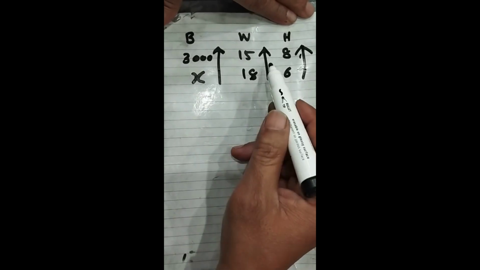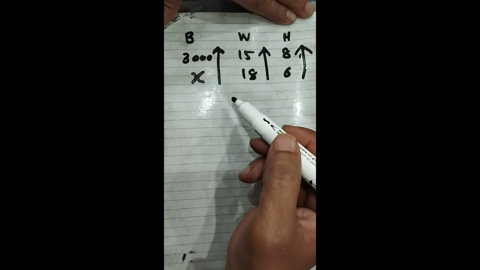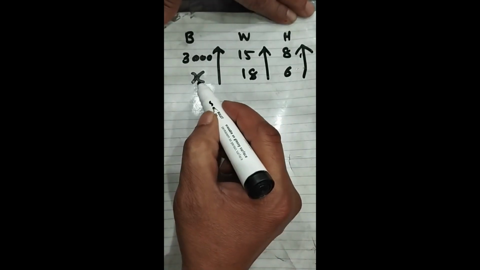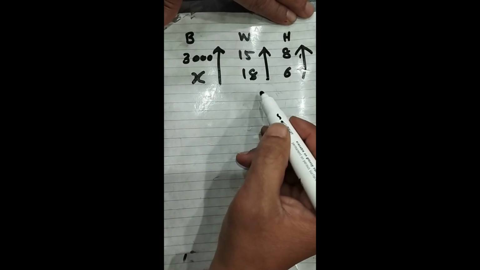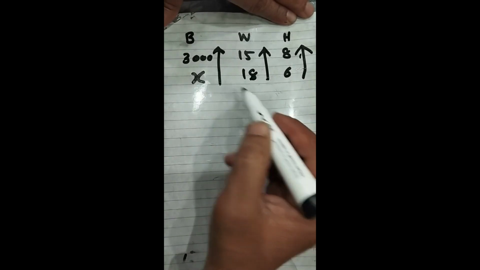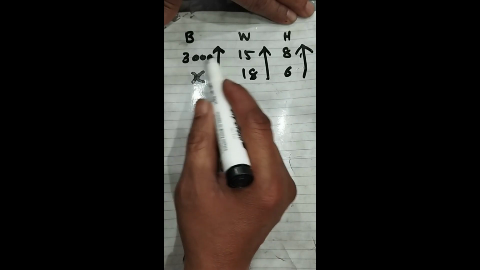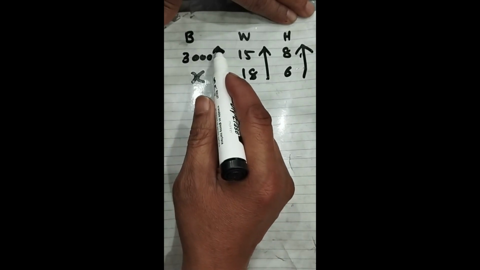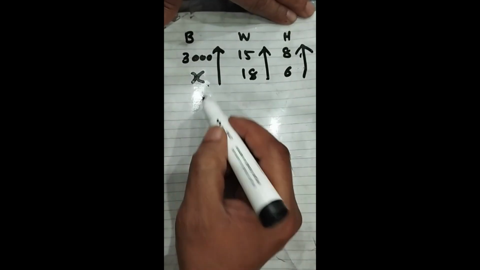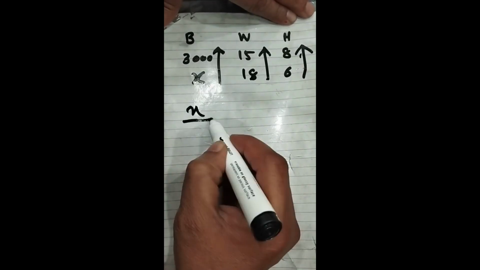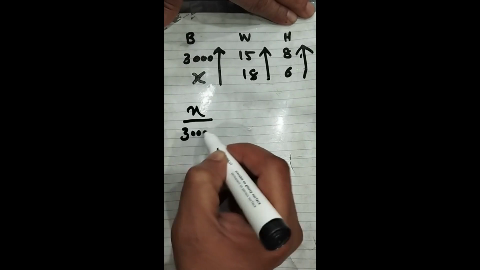Now we will take this data into the fractional form. How? The entities which are closer to the tail of the arrow, we will take them up in the fraction form as a numerator, and the entities which are near the head, we will write them below as denominator. So here X over 3000.